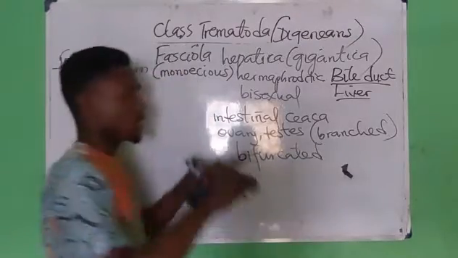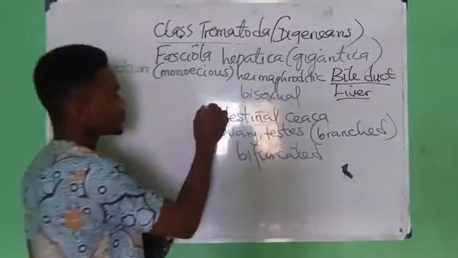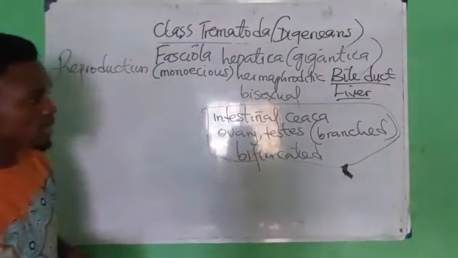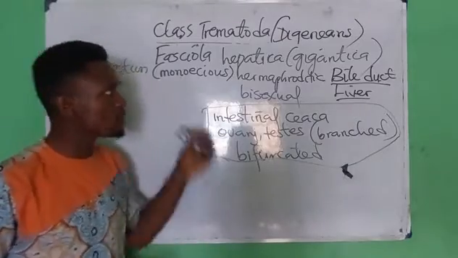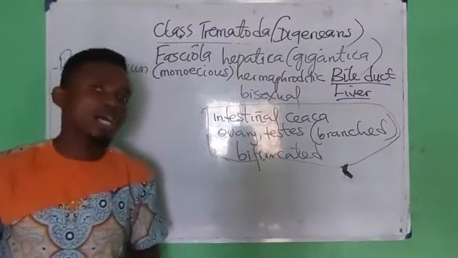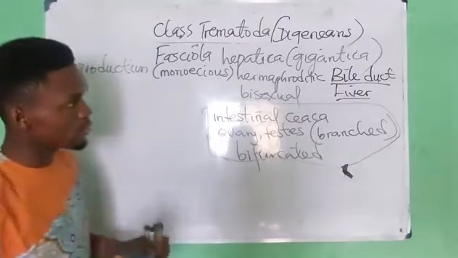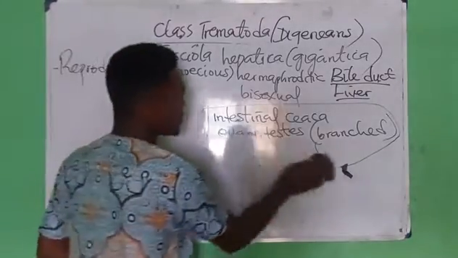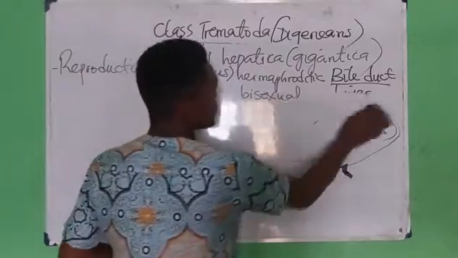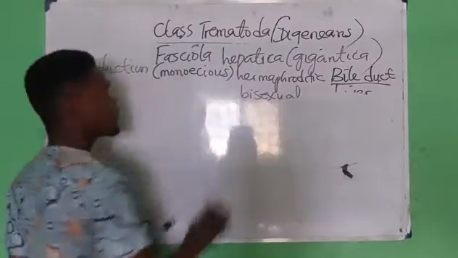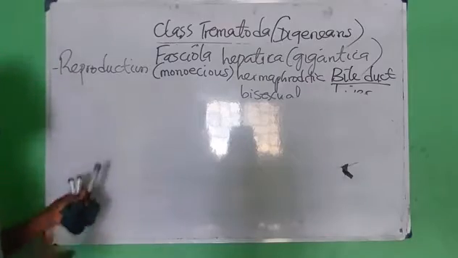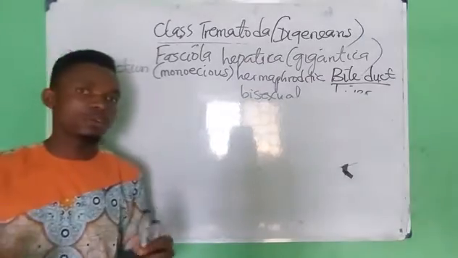Please take note that the intestinal ceca, ovary, and testes of these organisms are branched. Now, we've established that these organisms are monoecious or hermaphrodite or bisexual, possessing both the male and female reproductive organs.